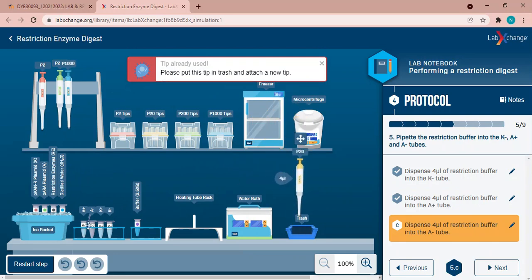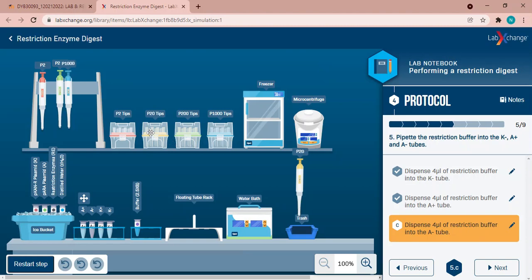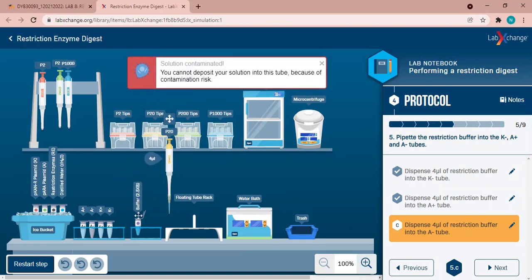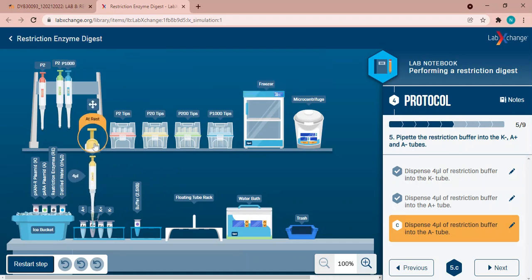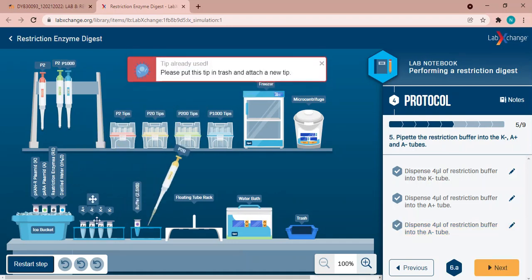Eject a tip. Okay, next dispense 4 microliters of restriction buffer into the A minus tube. Okay, eject a tip.